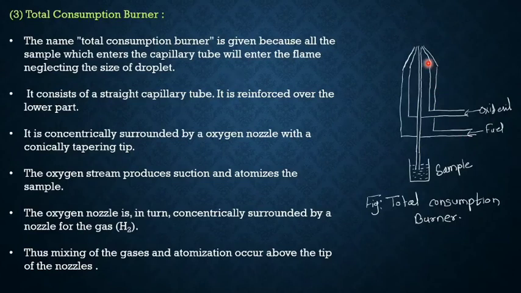Thus, the mixing of gases and atomization occur above the tip of the nozzle. Mixing of the fuel, oxidant and sample solution takes place at the tip of the nozzle. This is the total consumption burner.